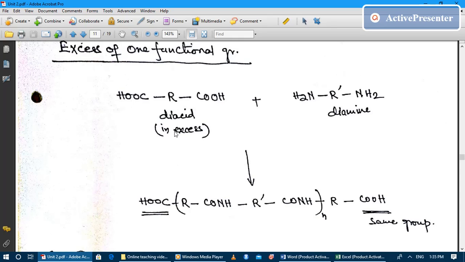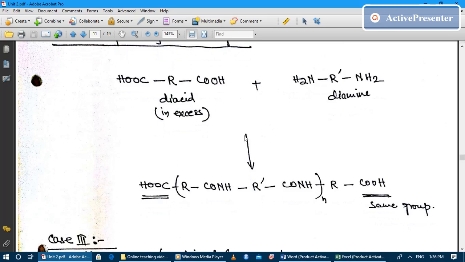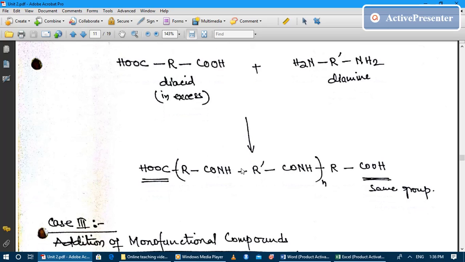Here in this case diacid is in slight excess. So what will happen when diacid will react with the diamine? After some time we will have the same functional group on either end. Here this is a carboxylic group, and here it is also a carboxylic group, and since diacid is in excess, this polymer chain cannot further react because the monomer in excess is the diacid, so a carboxylic group cannot react with another carboxylic group.